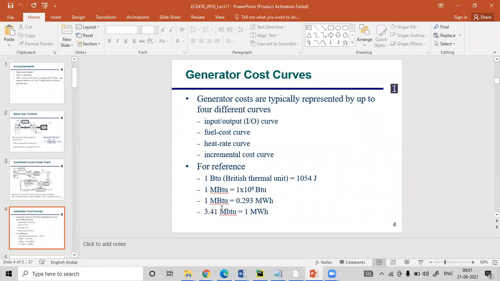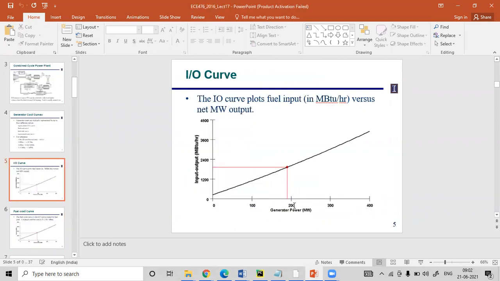In terms of power, it will be equal to 0.293 megawatt hour, and 3.41 MBTU will be equal to 1 megawatt hour. Means 1 megawatt hour will be equal to 3.41 mega British thermal unit, right? This formula will be used to calculate efficiency in the next step.